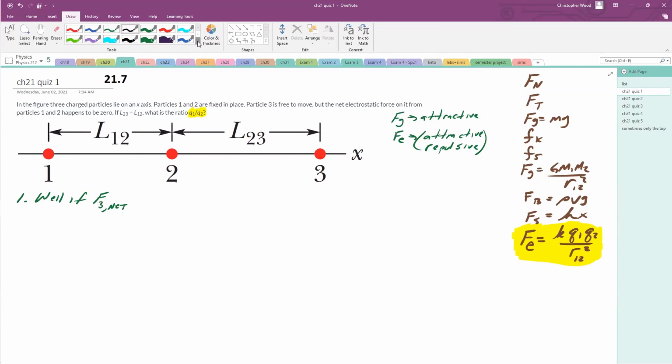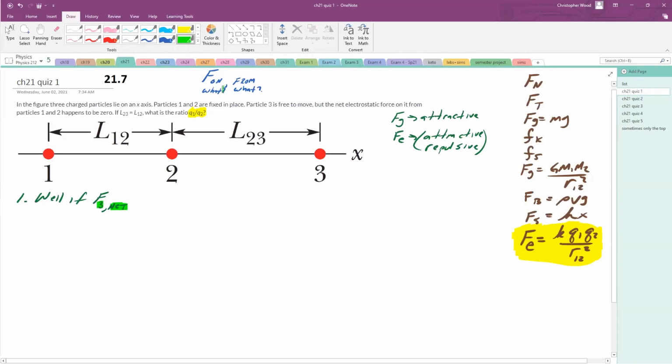Let's always endeavor to say it's F on what, from what. For example, here, the first subscript is on what? On particle 3. From what? Net. This is the on what, from what convention.